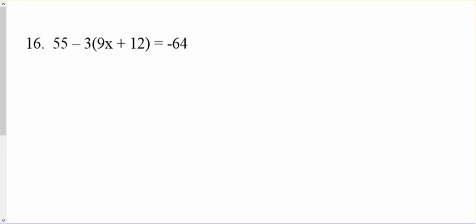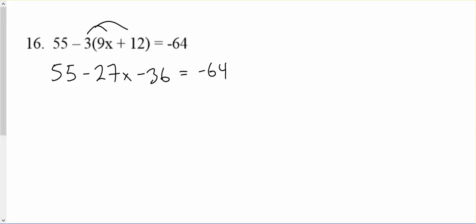Next problem, we're going to want to distribute 55 minus 27x minus 36 equals negative 64. We can combine like terms, so we get negative 27x plus, what's that, 19 equals negative 64.